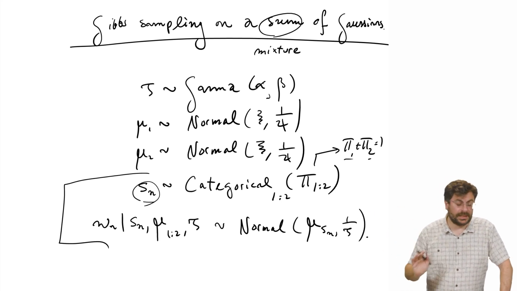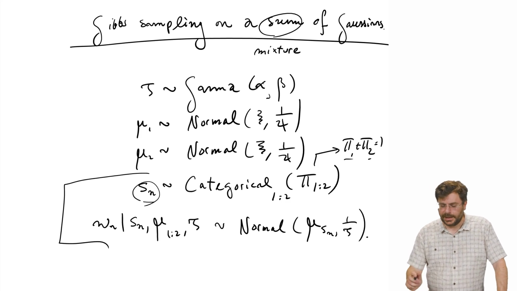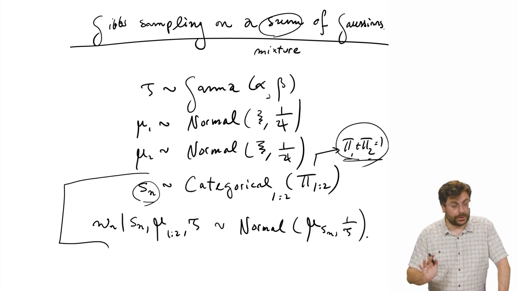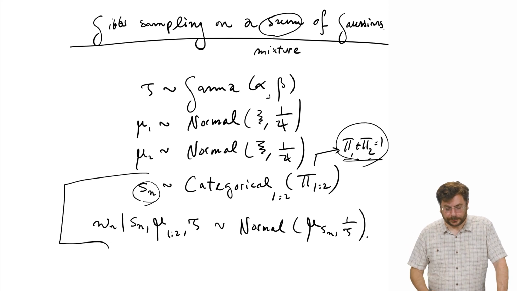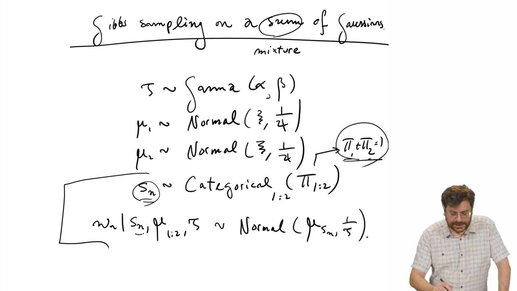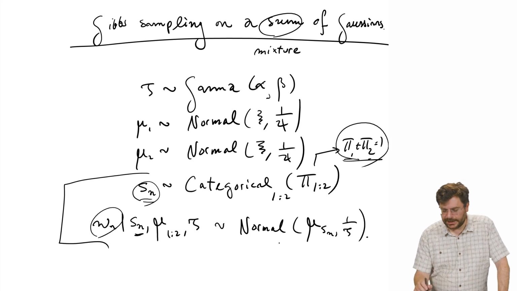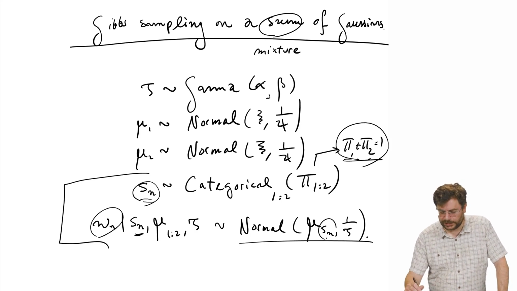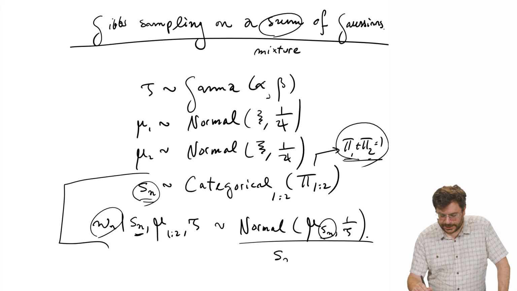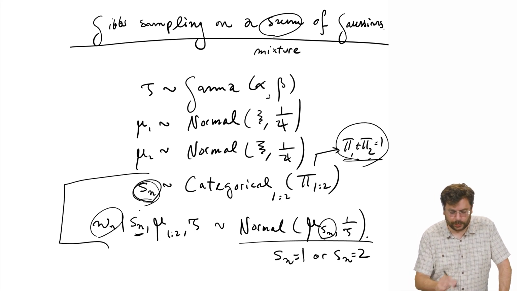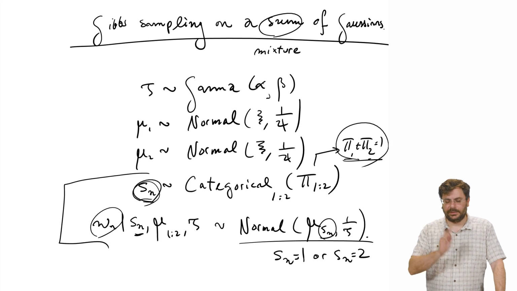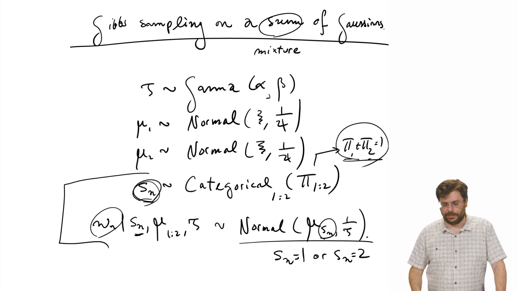Maybe one Gaussian is 80% more likely than the other. And those weights are given in this problem. There's no prior on them, so they're known. They're just numbers. Once I have selected which of these I'm going to pick, then I draw my data from that particular normal, which is centered at either Sn equal to 1 or Sn equal to 2, depending on which of the two mixture components were selected.